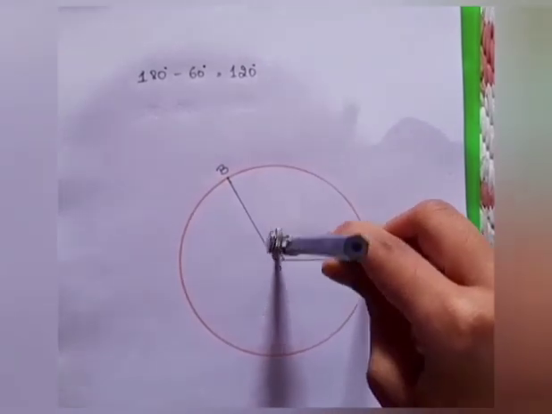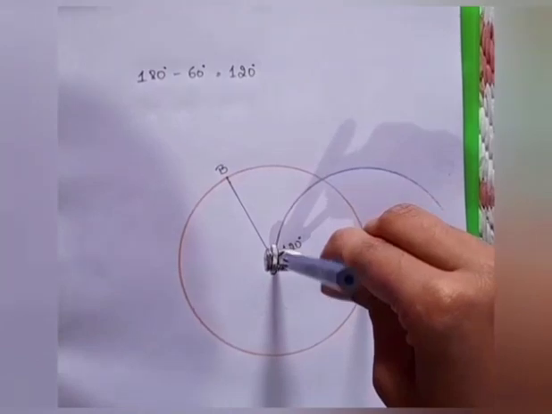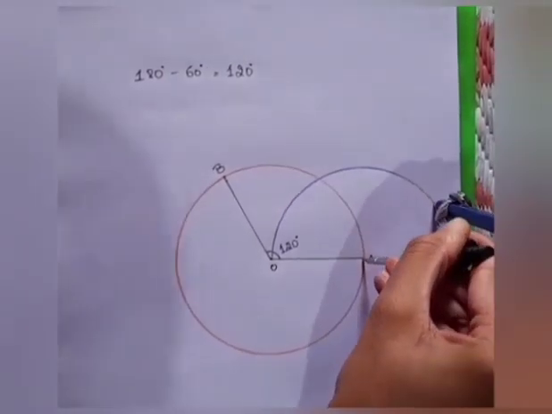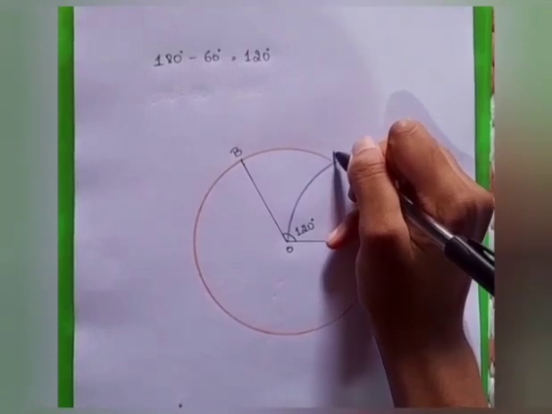It should touch the center of the circle. Mark that point as C.